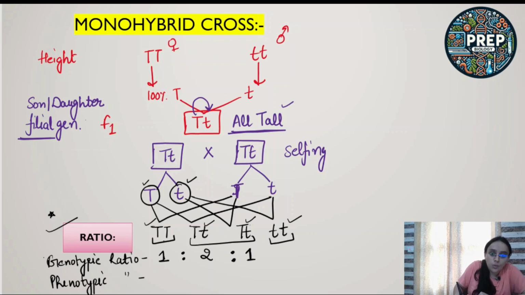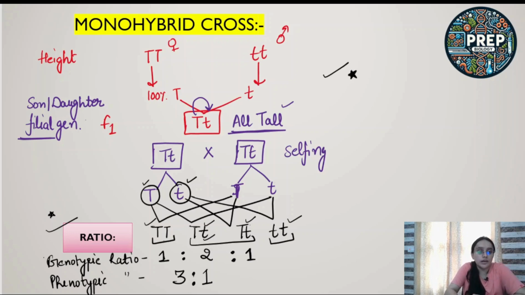So how many tall? 1, 2, and 3. 3 tall and 1 dwarf. These ratios are very, very important. For a monohybrid cross, the genotypic ratio is 1:2:1, and the phenotypic ratio is 3:1.